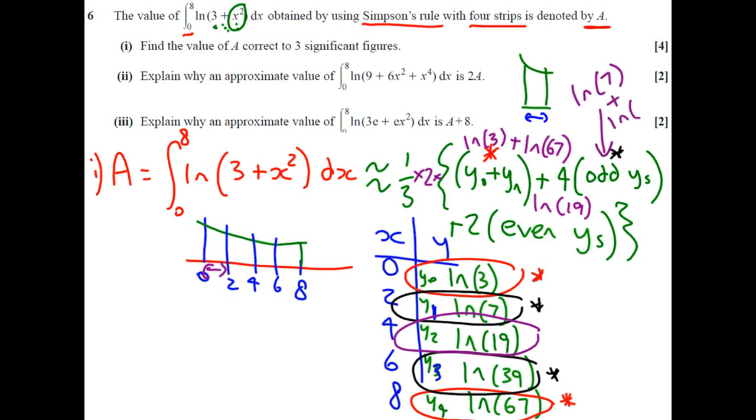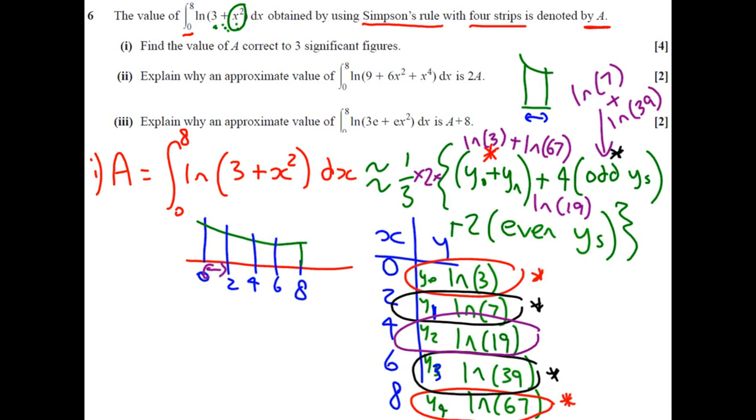You can type it in with me now. So 1/3 or 2/3 if you want to do it all in one go, times, you need brackets, and then ln 3. We're just being more exact by using the exact form. Plus ln 67.